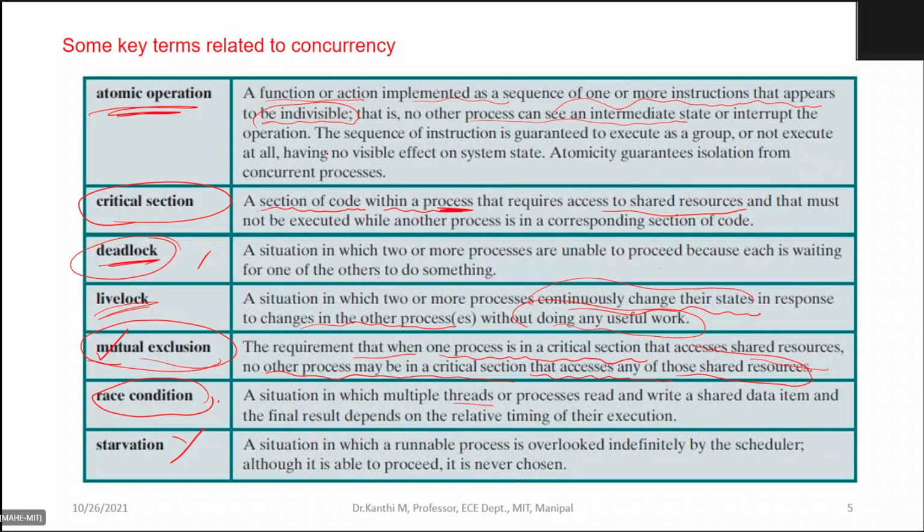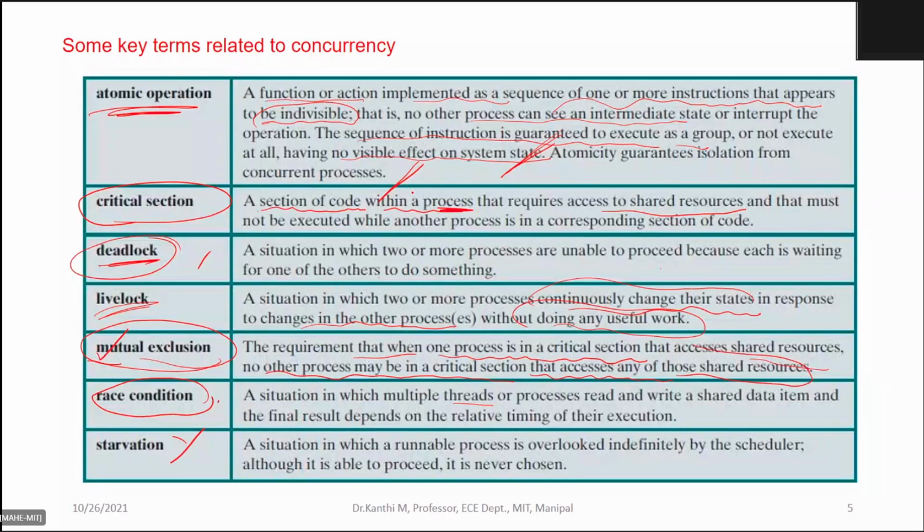The sequence of instructions is guaranteed to execute as a group or not to execute at all, having no visible effect on the system state. So atomicity guarantees isolation from concurrent processes. That is an atomic operation.